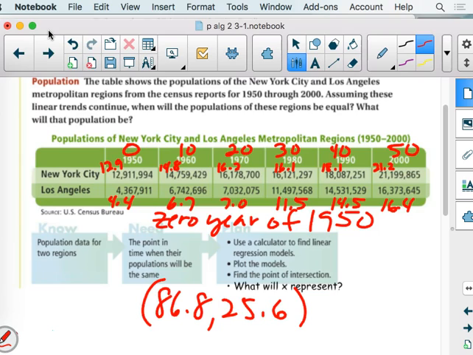But we have to interpret that. I mean, what's that mean? Because it said, assuming these linear trends continue, when will those populations be equal? Well, about 87 years later than 1950, because we use that as a 0 year.